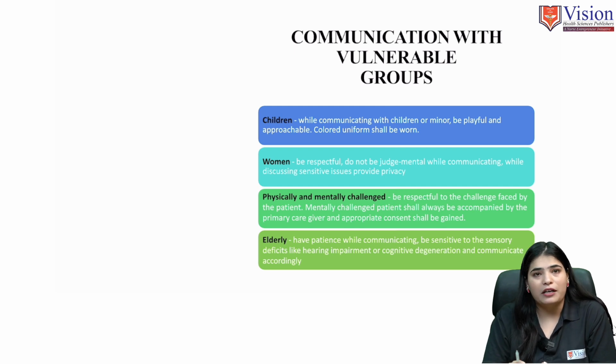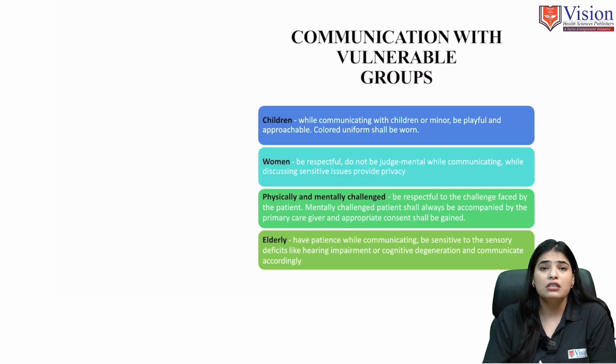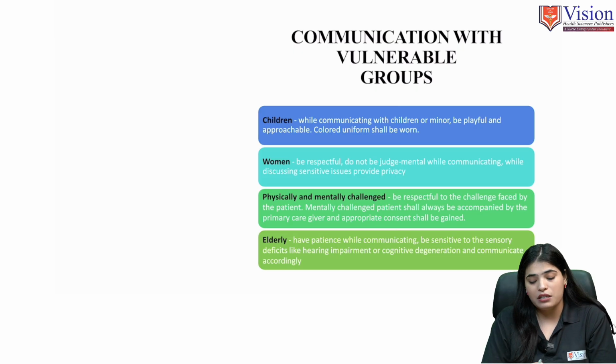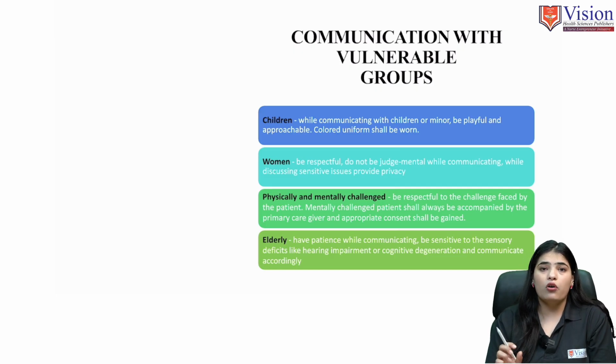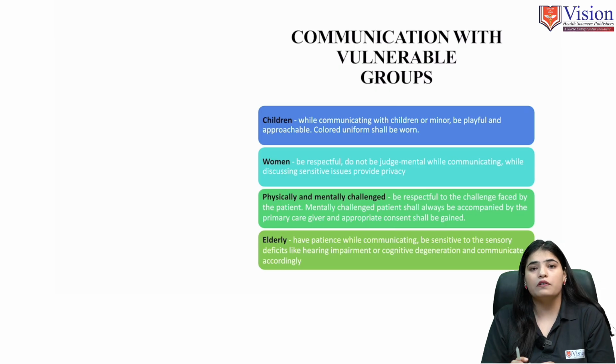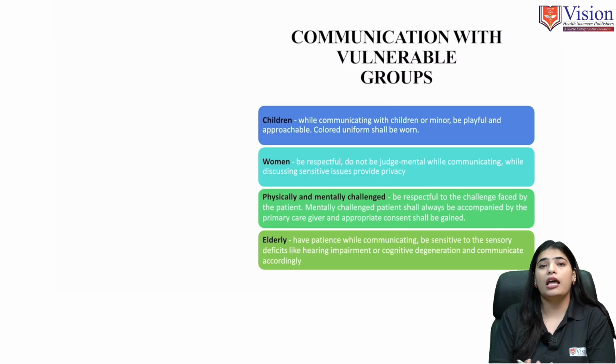With women, be respectful, do not be judgmental while talking to them, and while discussing sensitive issues, provide privacy. And while you're talking to a person who is physically or mentally challenged, be respectful of the challenges faced by the patient. Mentally challenged patients will always be accompanied by a primary caregiver. Sometimes they may have stranger anxiety, so there should always be a primary caregiver with them so that they can feel at ease in the environment.